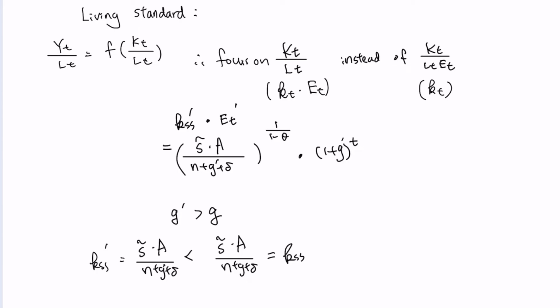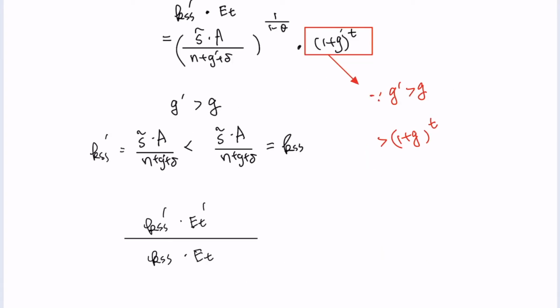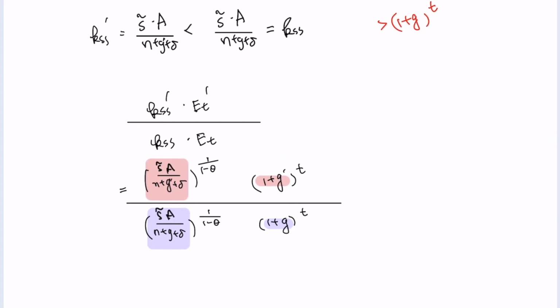The g is greater now, so it means that 1 plus g prime is greater than 1 plus g. When we have it to the power of t, this number will become much larger than the old one. Therefore, when we compare the old capital star per worker versus the new capital star per worker, we can plug in the value for the capital stock per effective worker and the level of the production efficiency.